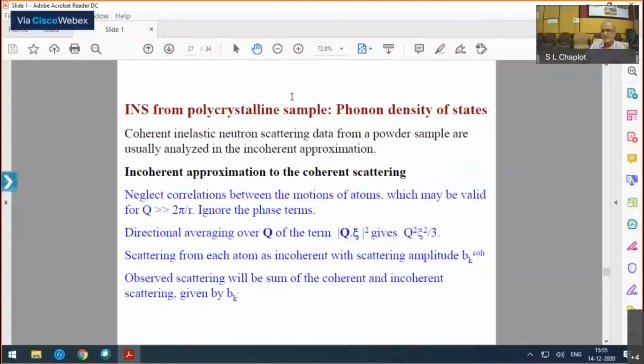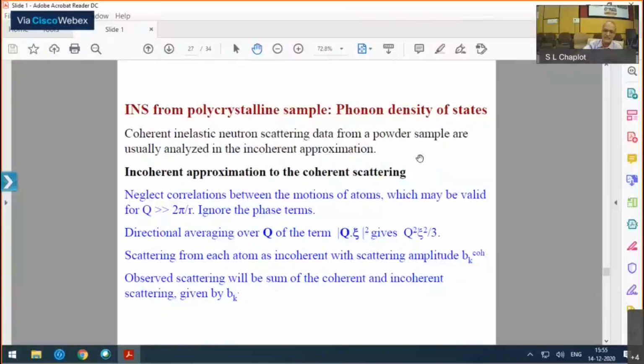The symmetry is not very high, and it's very difficult to separate out phonons which are close in frequencies and where the eigenvectors are also not very simple, like simple longitudinal or transverse or acoustic or optic. And for many thermodynamic properties, we are interested in getting the average phonon information.